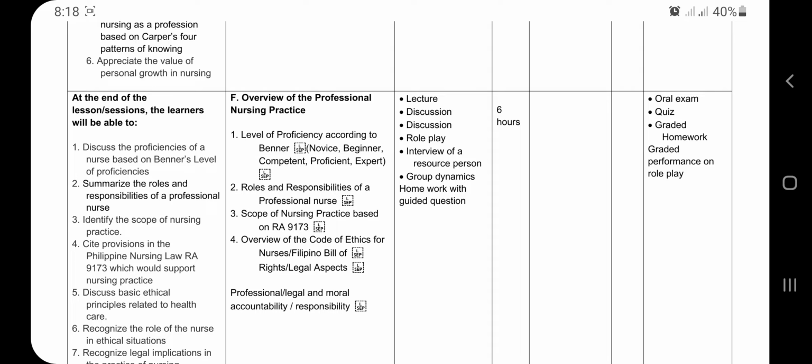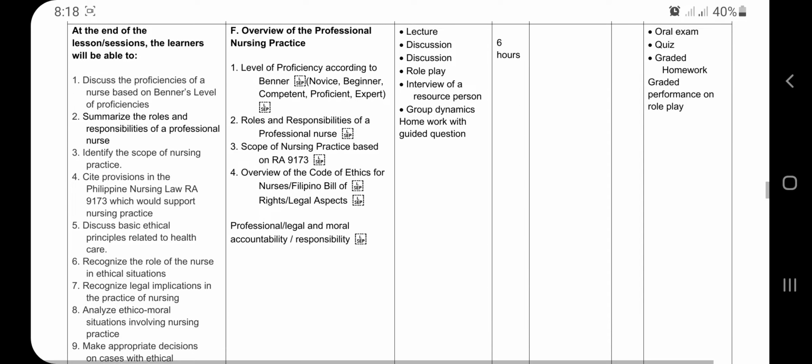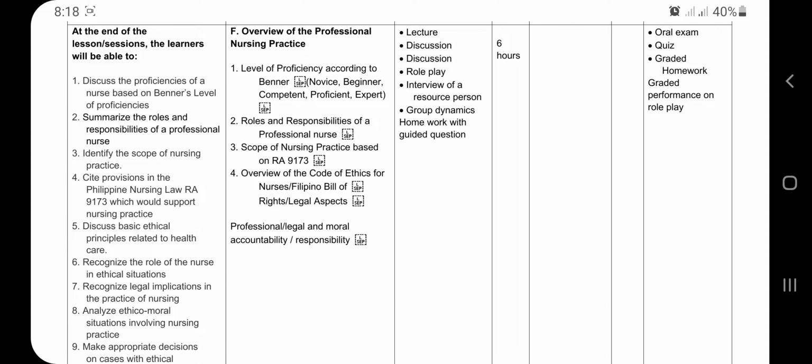We have also the roles and responsibilities of a professional nurse. You need to know that para alam natin na once maging a nurse na kayo in the future, alam niyo kung ano yung mga roles and responsibilities that is expected of you. Okay, we have scope of nursing practice based on Republic Act 9173. We have the overview of the Code of Ethics.